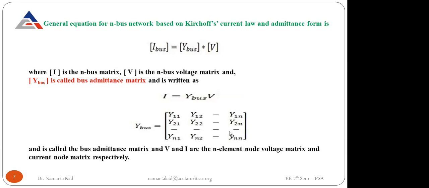Like in this example, we have taken 4 buses, so it is a 4 by 4 matrix. If there are 5 buses in any system, it comes out to be a 5 by 5 matrix. V and I are the n-element node voltage matrix and node current matrix respectively. So this is all about the Y bus matrix.